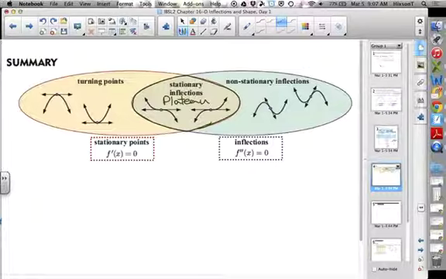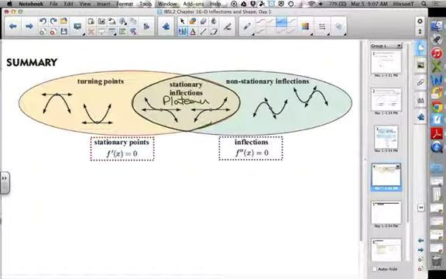These ones they call non-stationary. These are stationary because it's a change in concavity, but also at that moment we're not increasing or decreasing. These are non-stationary because it's a change in concavity while we're continuing to increase or decrease.